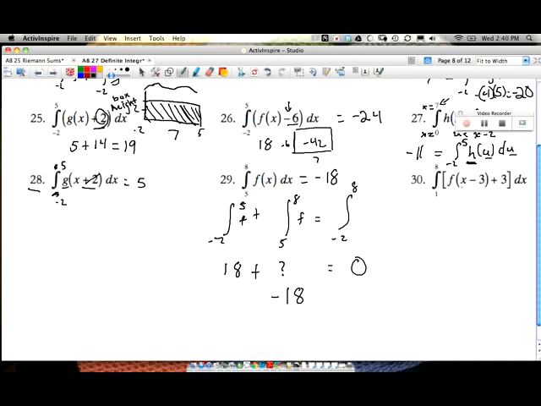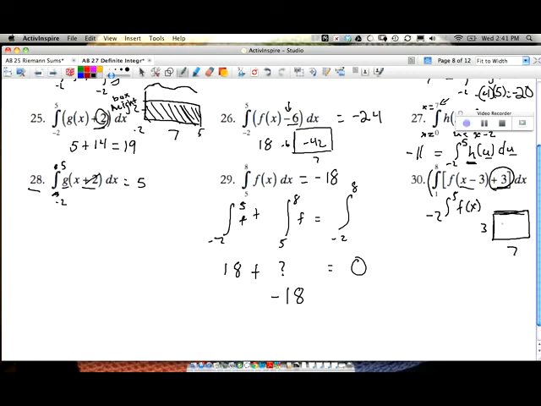Now for this last one, it's very similar. We got this shift left, which is going to shift it left 3. So I got to subtract 3 here. This is going to go from negative 2 to 5 of f of x. But we're still going to have this plus 3, which means we're going to have a box that's 3 tall and 7 wide, because I went from negative 2 to 5, but it's 7 wide.